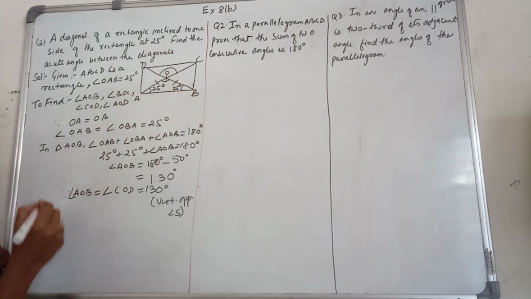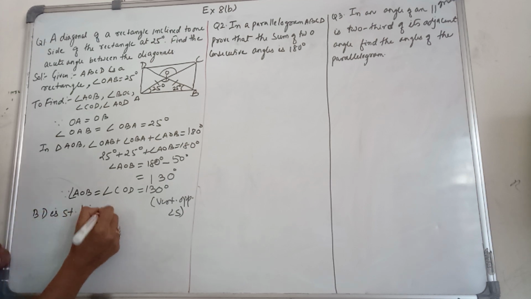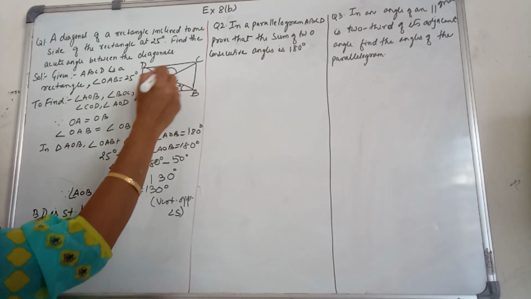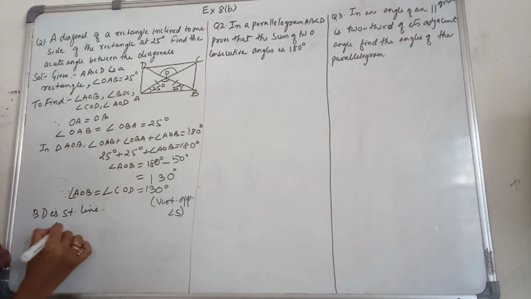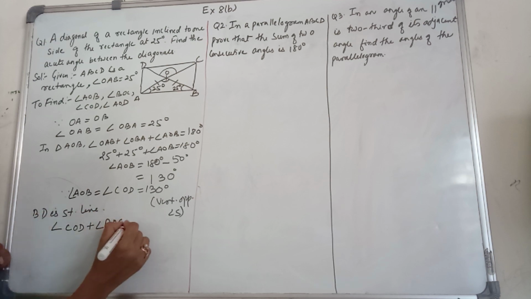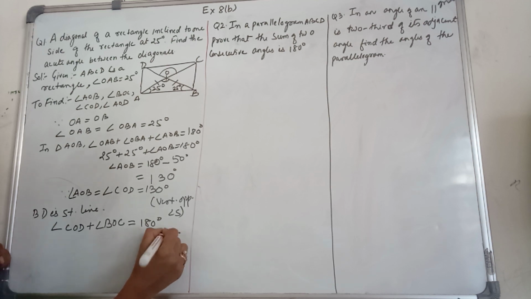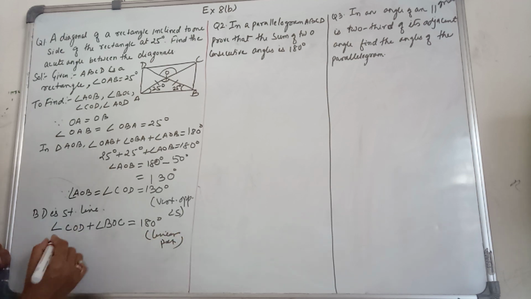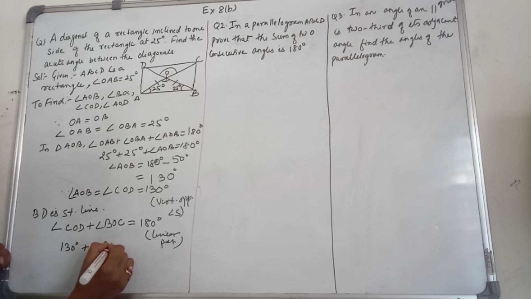Now if you see in the figure, BD is a straight line. If BD is a straight line, can we write angle COD plus angle BOC is equal to 180 degree? Yes, linear pair. So angle COD is 130 degree plus angle BOC is equal to 180 degree.